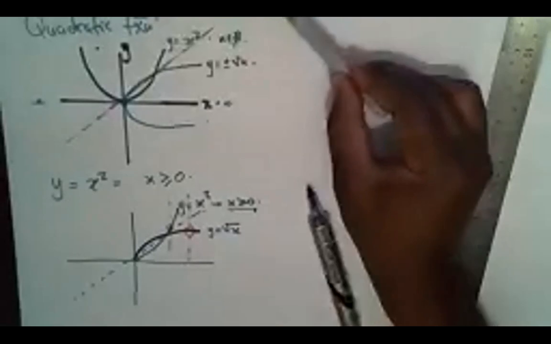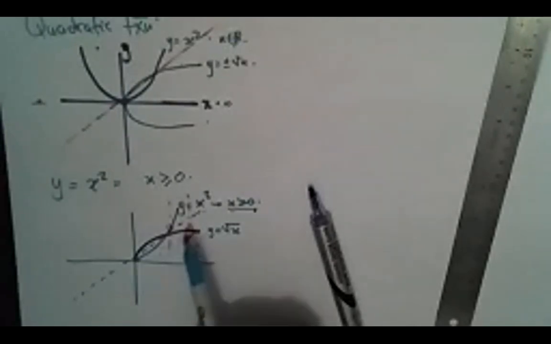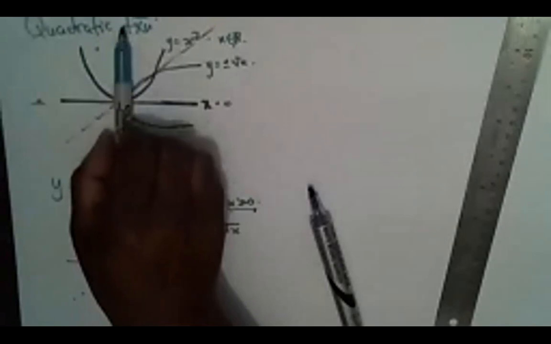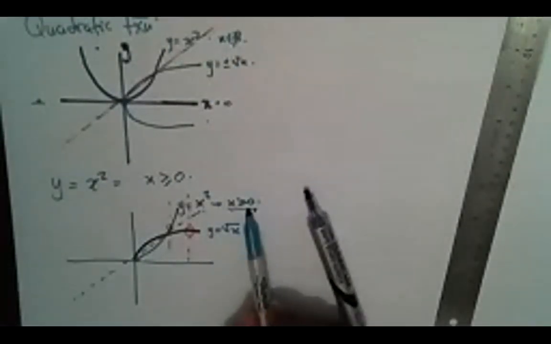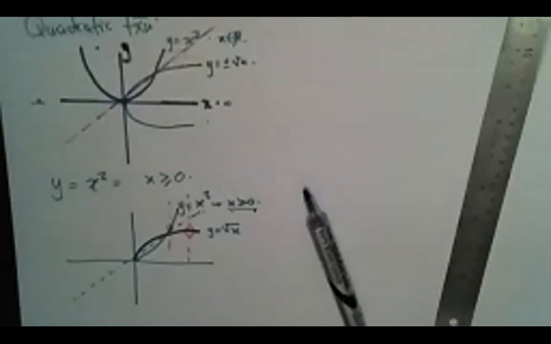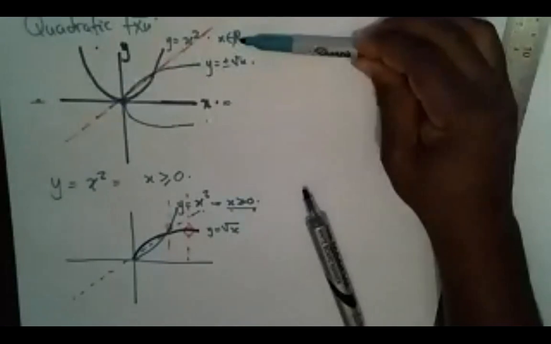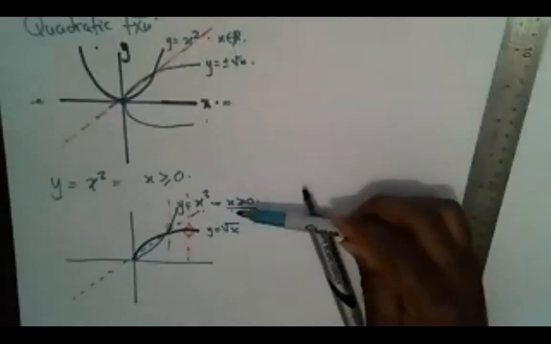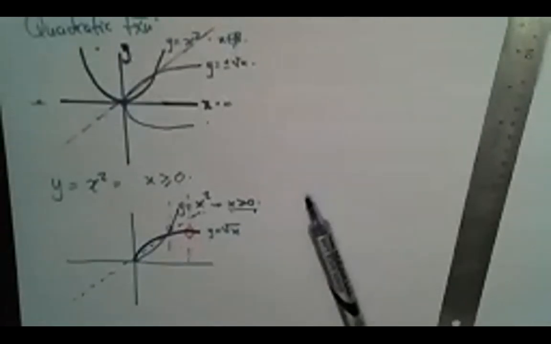So it means my graph can go up there and my graph can go up there. Now, with this one, I've decided to say, okay, I don't want this part anymore. I'm only interested in this part. That's why I said x is greater or equal to 0. So I've changed my domain from x is an element of real numbers to x is greater or equal to 0. That's what I've just done.